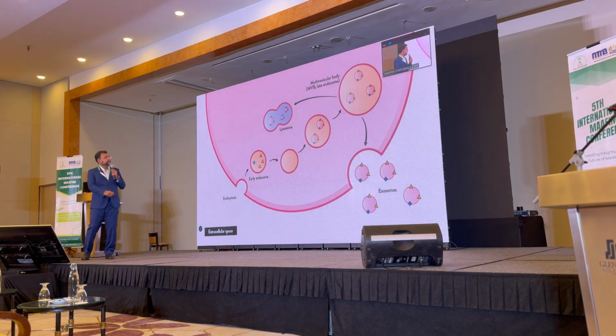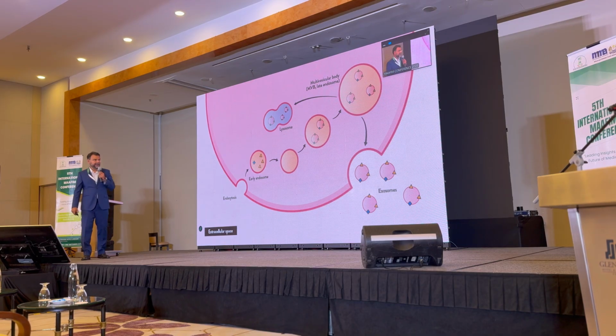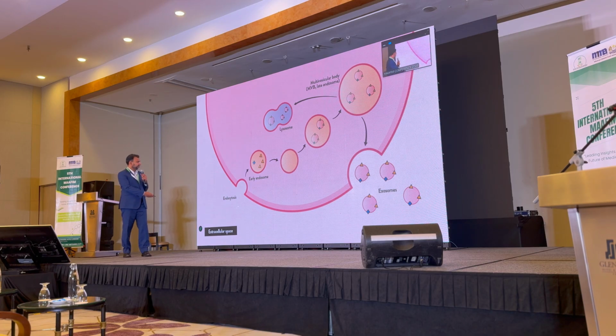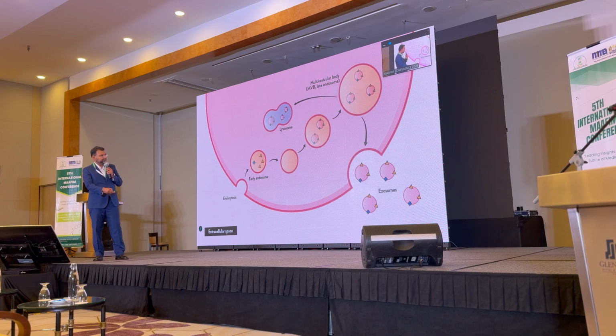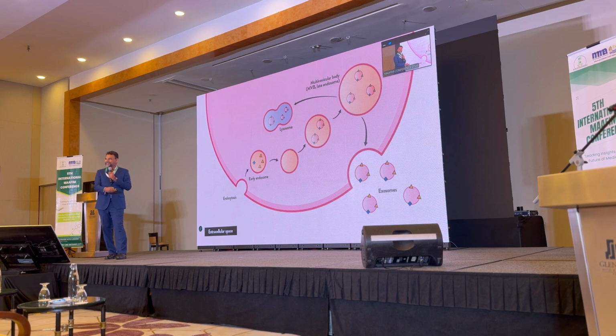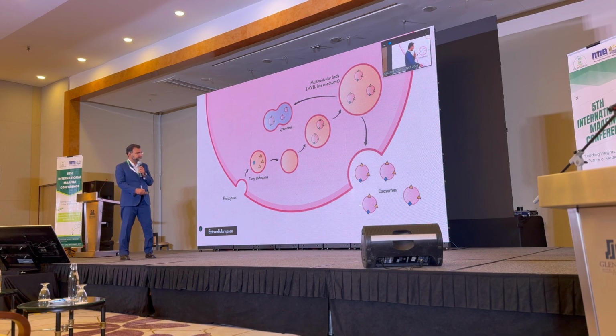You see, this is a simple diagram showing the endocytosis, the endosome, the lysosomes, and these exosomes. So for these exosomes to come out that are useful, what do you need? You need the right endocytosis. The cell should eat the right substance to secrete the right exosome, right?